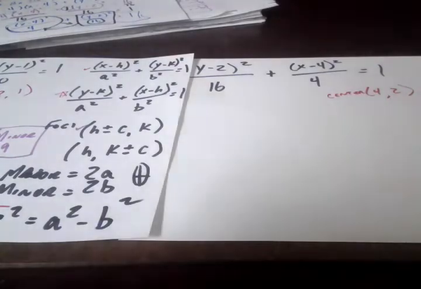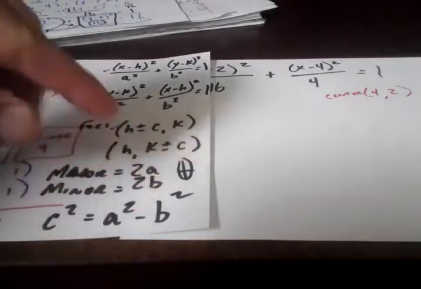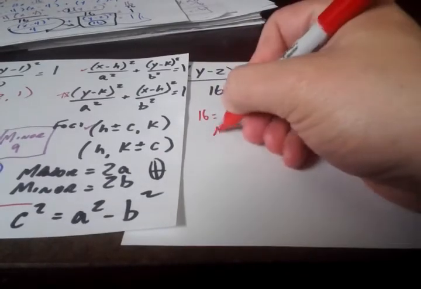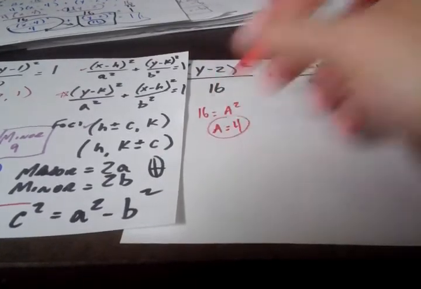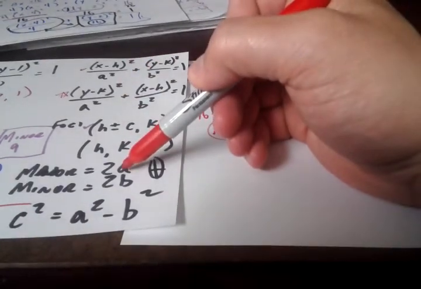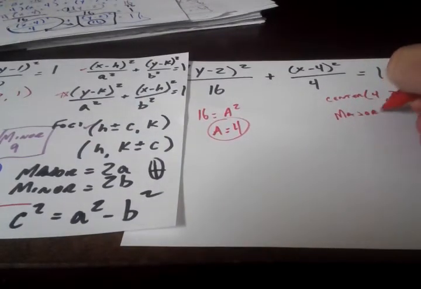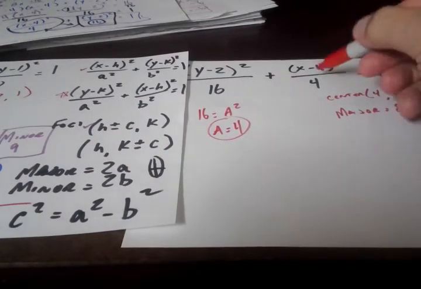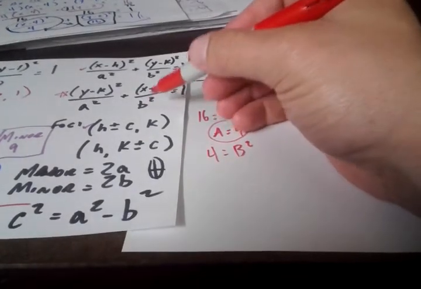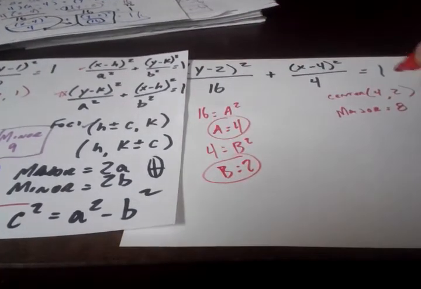Next up, I want to do the axis. Remember that the major and minor are 2a and 2b, so this is a squared. 16 equals a squared, so what's a? a is 4. If we say 4 times 2, it'll tell us how long the major axis is, and it looks like the major axis is 8. 4 is equal to b squared, which means that b is equal to 2, if we square root 4.